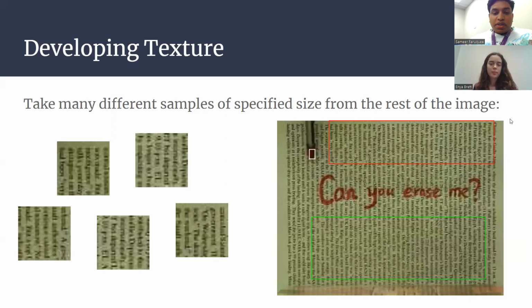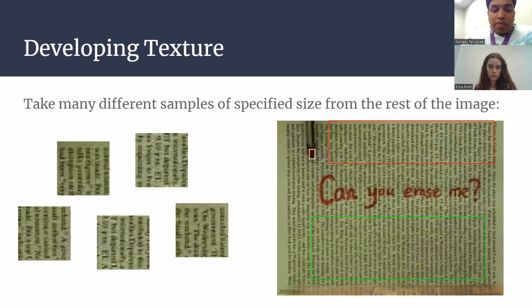So the first step in developing our texture is that we want to take many different samples of some specified block size from one singular frame of the video. We did this with a restricted sampling. We sampled from only the red box shown in the top right, where we took about 1,000 candidates from that region.